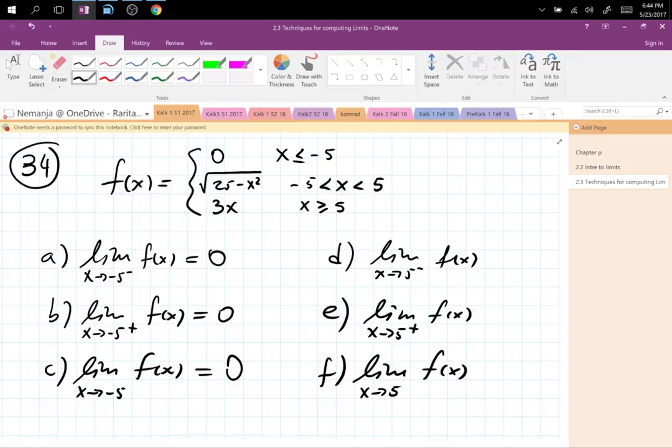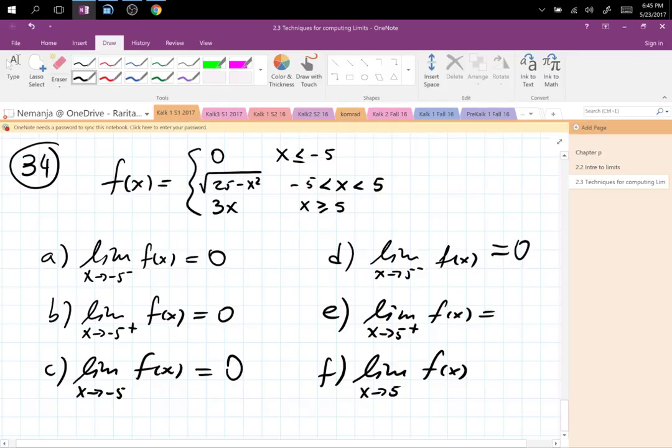Now on the other side, we are looking at 5. You will go from the left approach down the half circle, and you will end at 0 for the first. But for the right approach, you are traveling along the linear piece all the way up on top, and that one ends at 15.